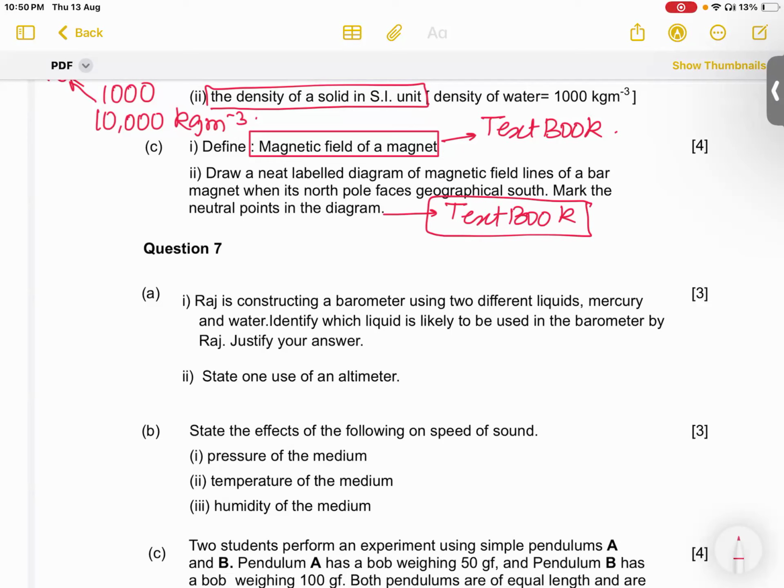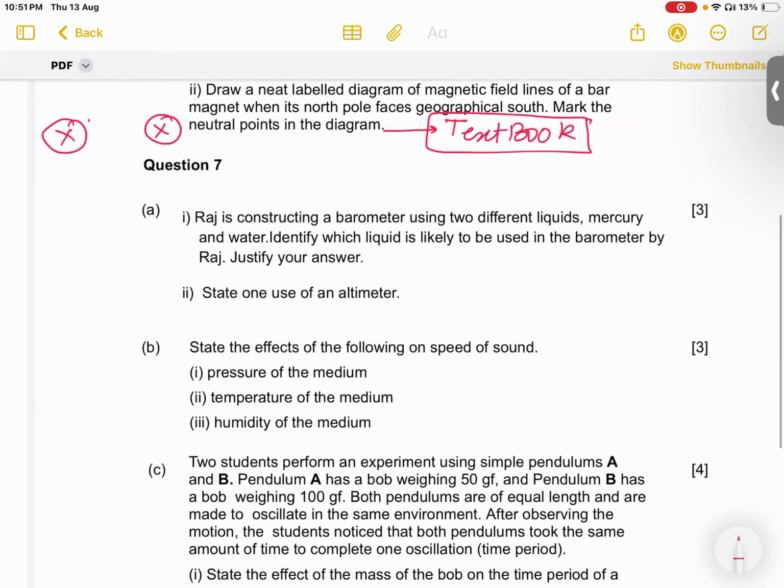When north is going to face north, they will cancel out each other. If you remember, we had two diagrams, north, north in center, then there were two neutral points on east and west. So that diagram we will have to draw.